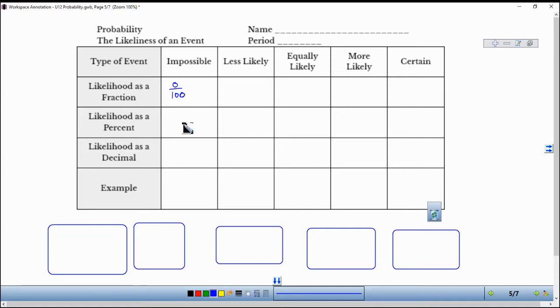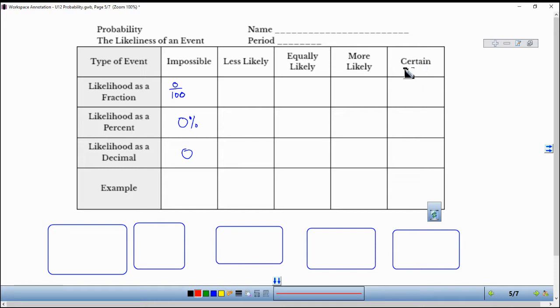That 0 as the numerator is important. As a percent, if something is impossible, it has a 0% chance of happening. Cannot happen, 0%. And as a decimal, that is also 0. So if something's impossible, it's not going to happen. You would use that number 0 to represent its possibility.